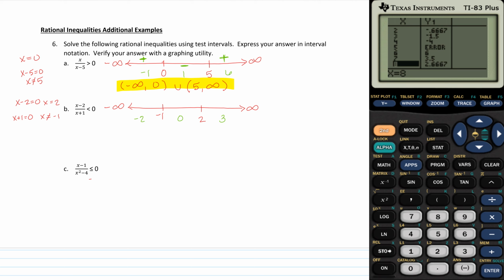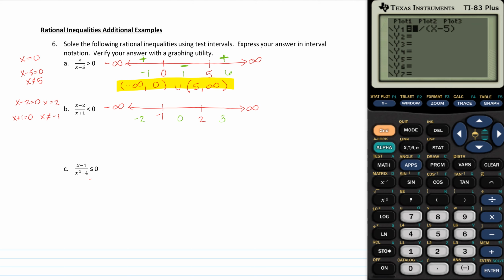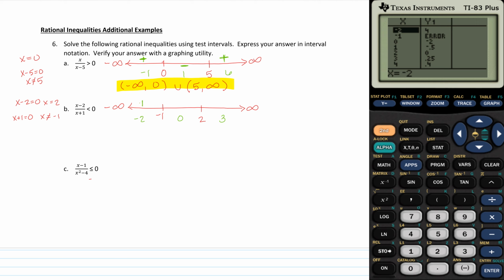I'm going to put it in y equals in my calculator. Very carefully, I'm going to put the top part in parentheses, so x minus 2, divided by x plus 1. I'm going to check my values. I'm going to check my negative 2 first. I get a positive. I'm going to check my 0.